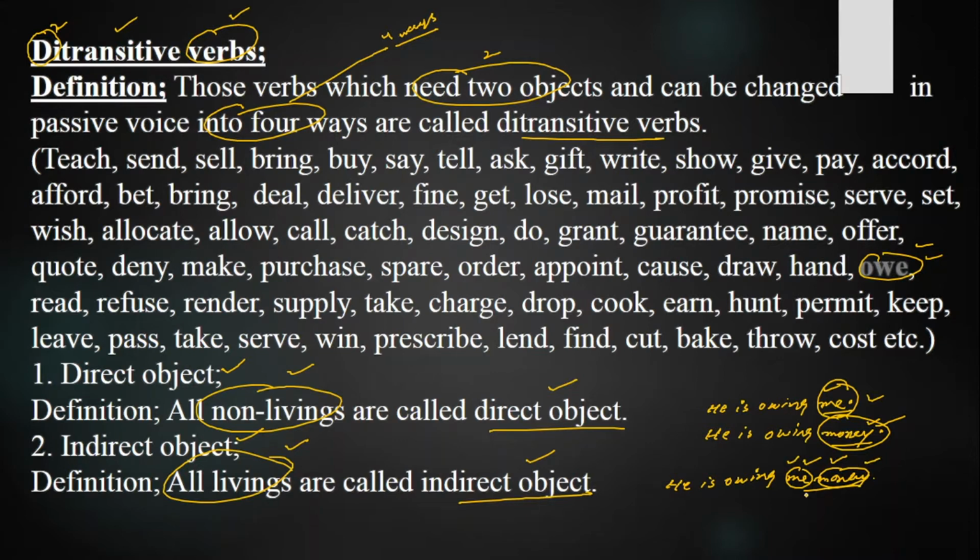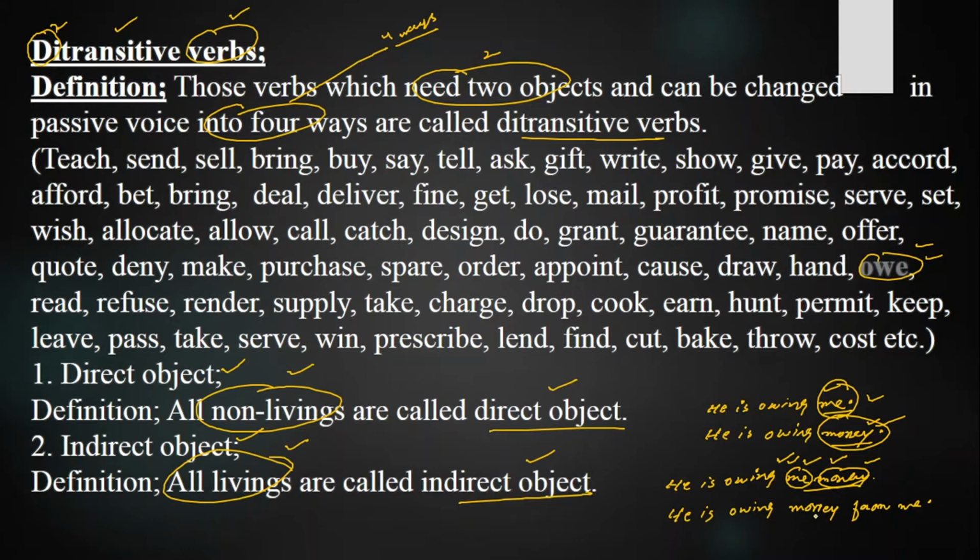But if you want to bring the direct object in the place of the indirect and the indirect in the place of the direct, means if you want to shuffle the places, then you need to put a preposition with your indirect object, me. Your sentence will be made in this way: he is owing money from me.